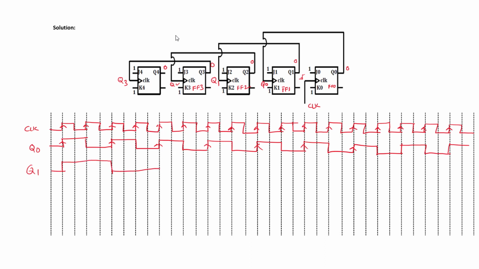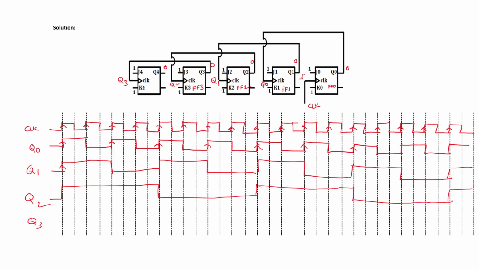Here, for flip-flop 2, the clock input is Q1. The output Q2 will toggle at every positive clock transition of Q1. Initially Q2 is at logic 0, so it will toggle at every positive clock transition of Q1. For flip-flop 3, the clock input is connected to Q2. So this Q3 will toggle at every positive clock transition of Q2.